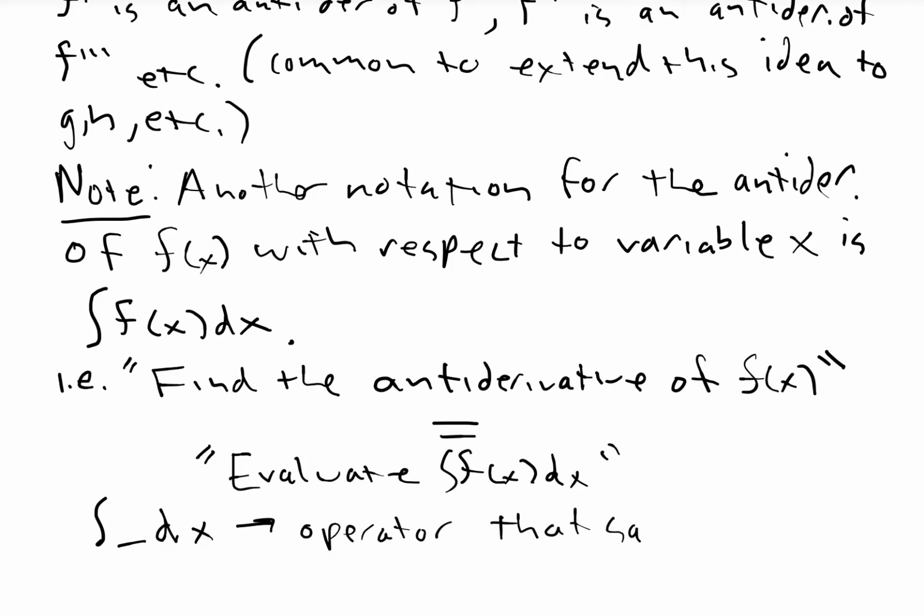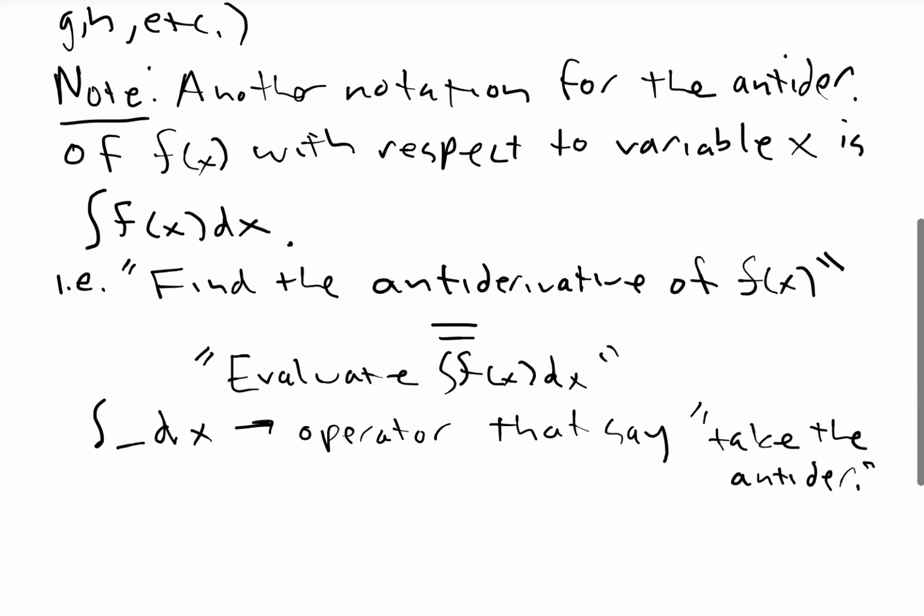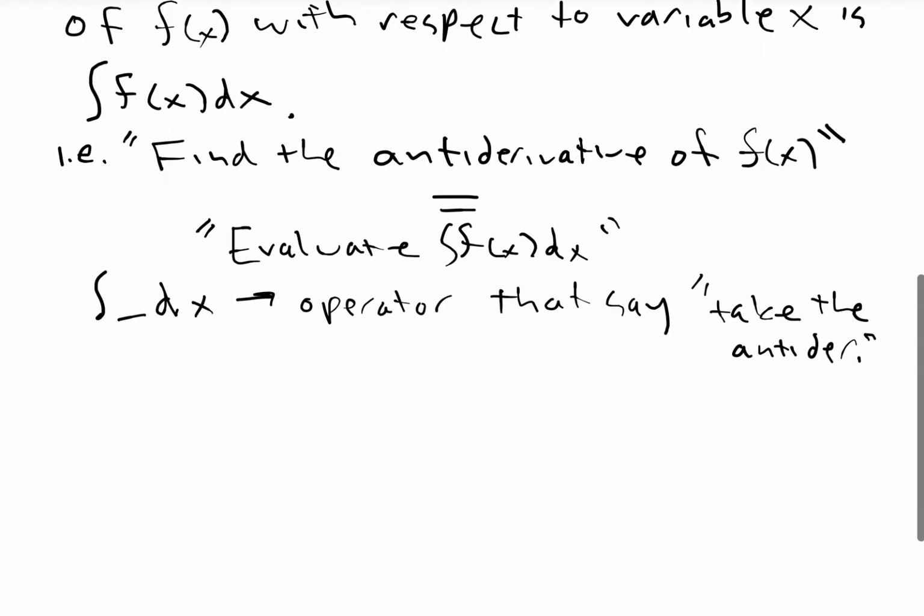Let's say, take the antiderivative. Okay? So, in other words, if I wanted to give you guys an example, and I will scroll down here just a little bit, we could rephrase that example that we started out with. So I will continue that example.